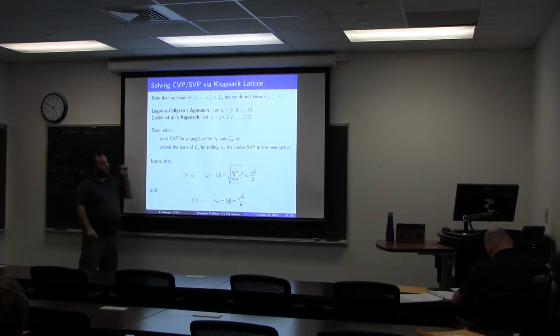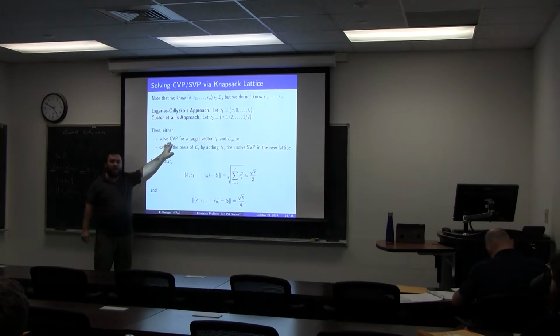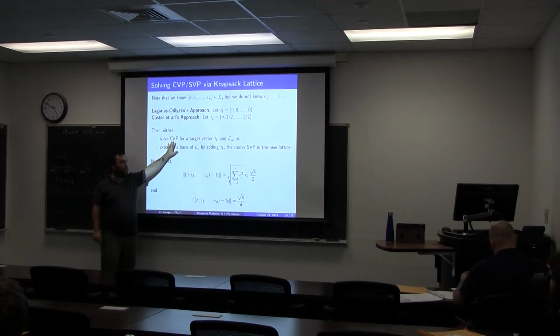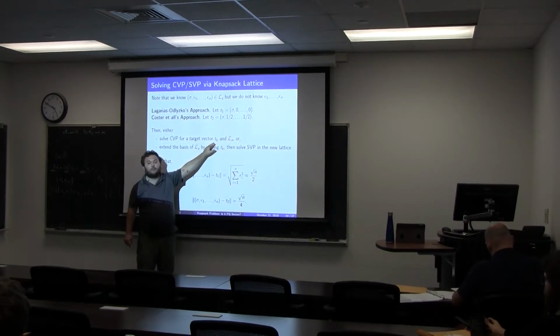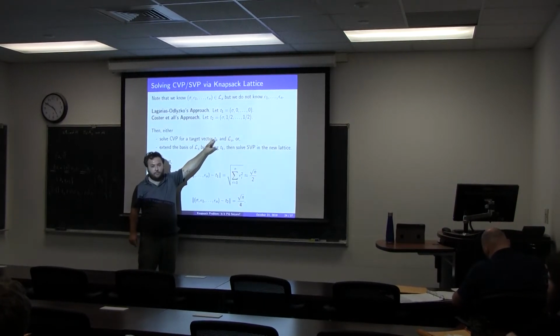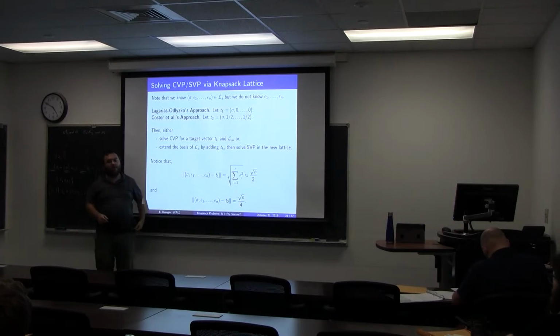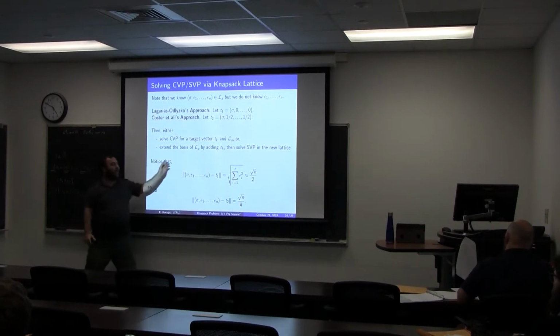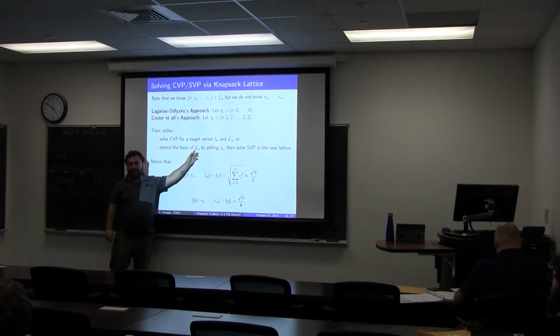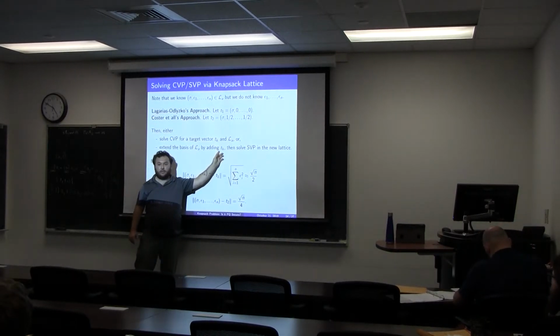So either you can solve the closest vector problem using this lattice and the TK, T1 or T2, or you can convert this CVP problem to an SVP problem by extending the basis of the lattice by adding TK.